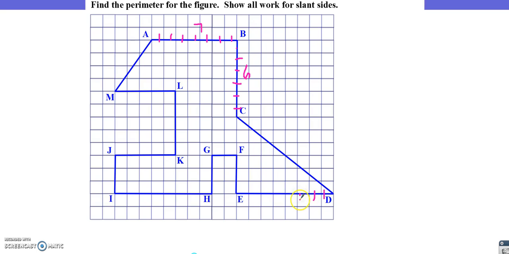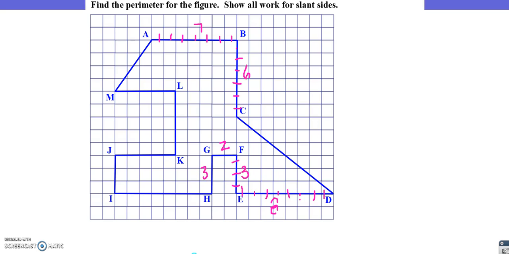1, 2, 3, 4, 5, 6, 7, 8. So I've got 8 down here at the bottom. 1, 2, 3. Then I've got 2. I got another 3 on this side.